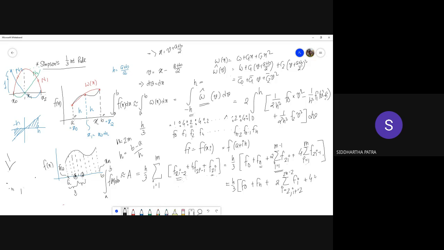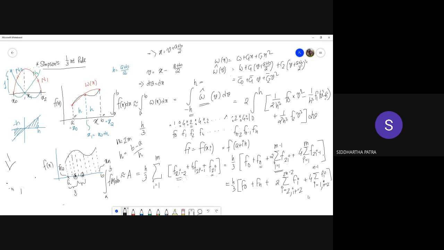Same thing happens over here: i goes from 1 to n minus 1, but i changes in steps of 2.